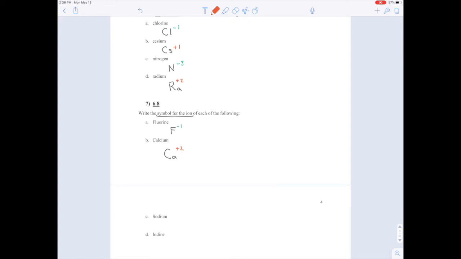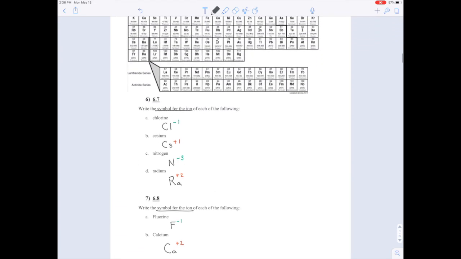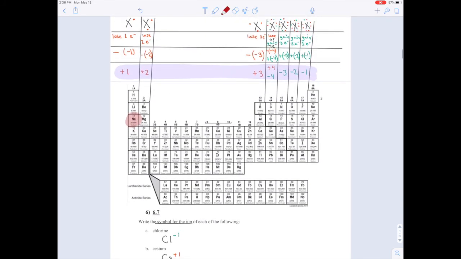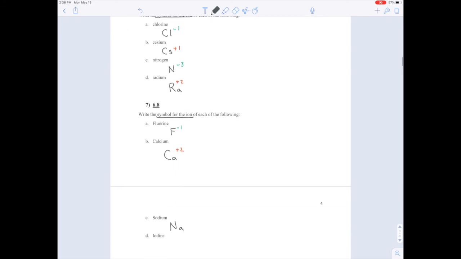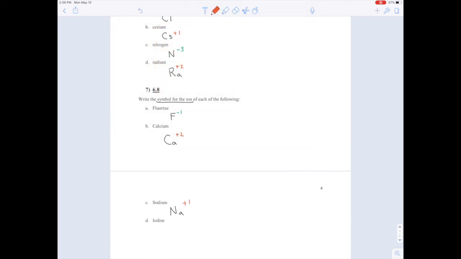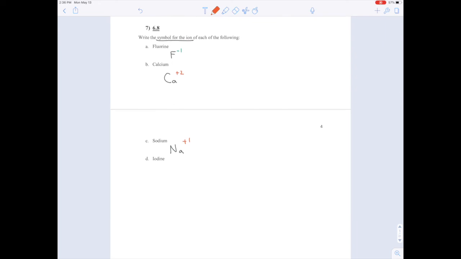How about sodium? Sodium, the symbol is Na, so capital N, lowercase a, and sodium is in the sort of top left. Because it's in group 1A, it has a +1 charge. So we can write +1 at the top right of that sodium.